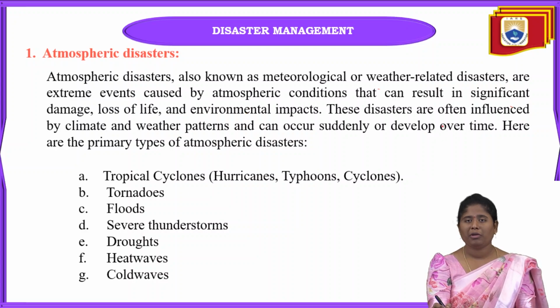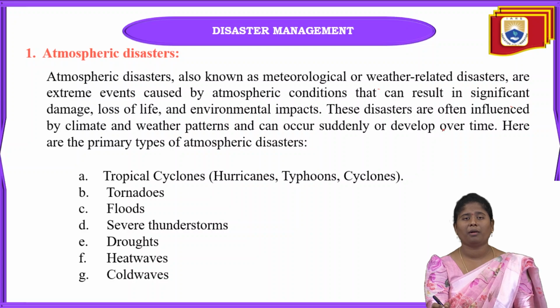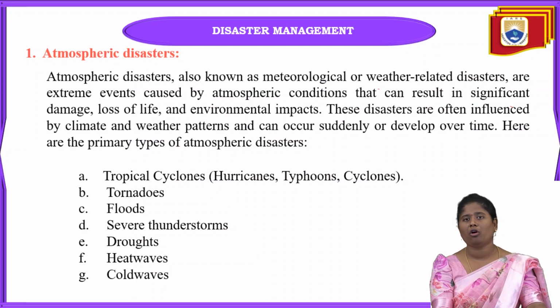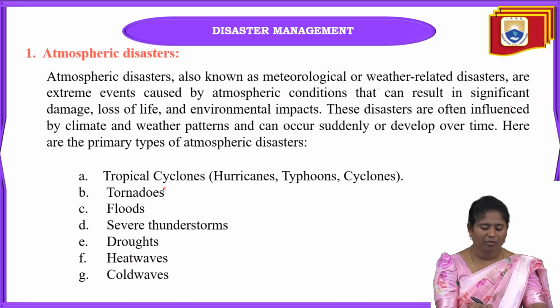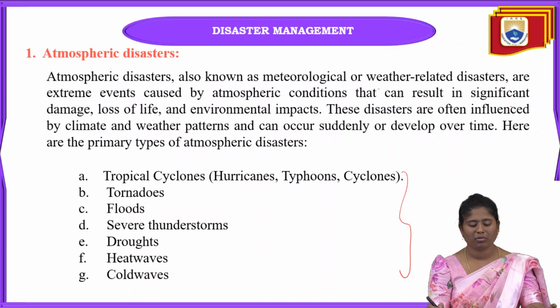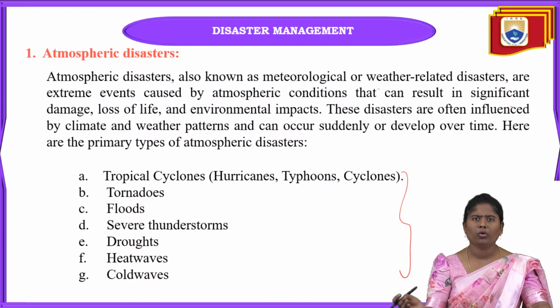These disasters are very much influenced by weather conditions and climatic conditions, and some will be short term or some will be long term. If they occur, some will last up to weeks, some will last just one day, and some will last two to three days.